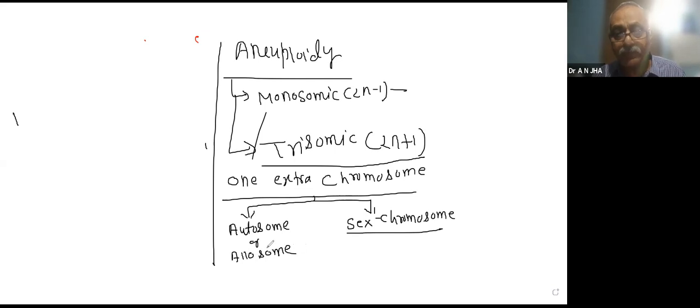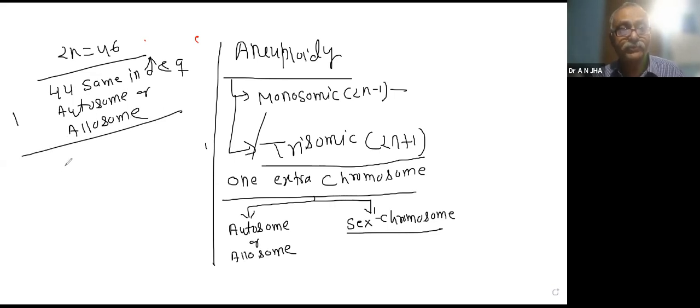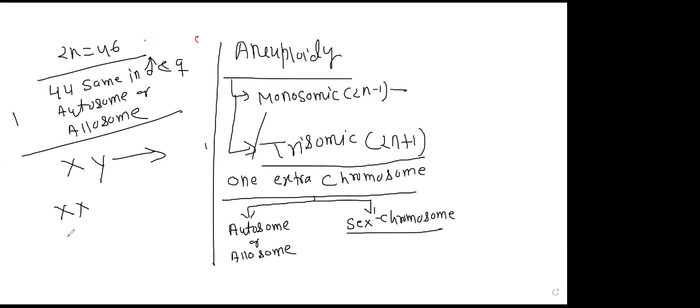You know that in humans 2n is equal to 46. 44 chromosomes are the same in male and female; these are called autosomes. The rest two chromosomes, X and Y, are the sex chromosomes. Female has XX and male has XY, that you know.